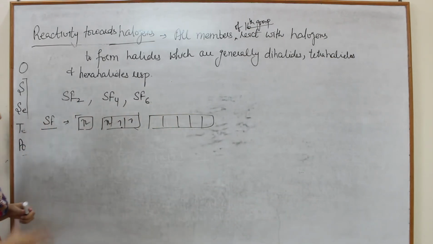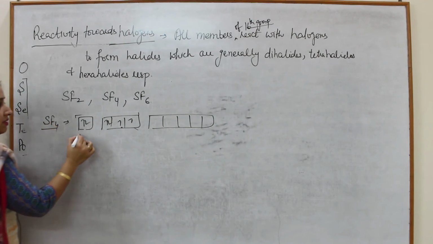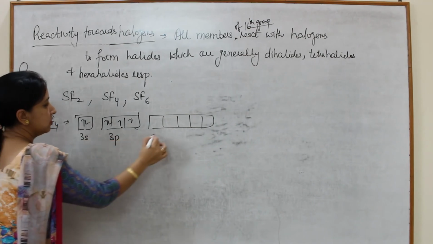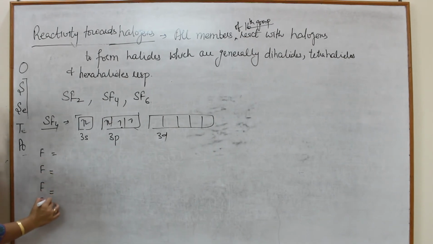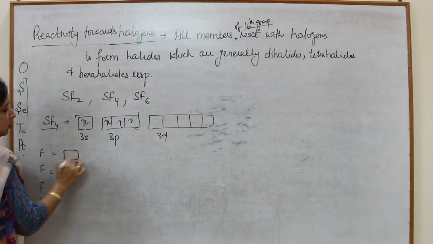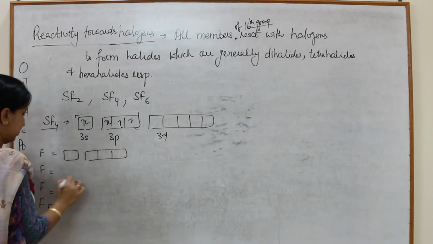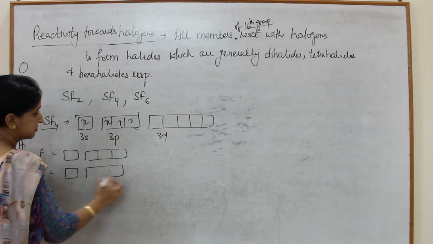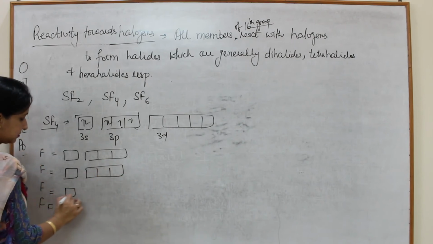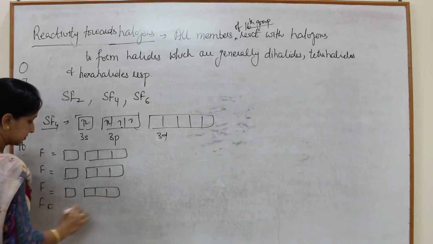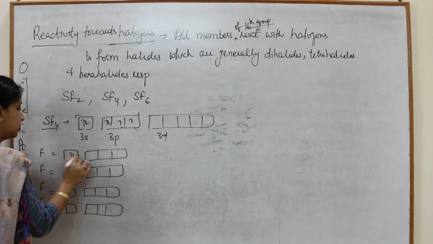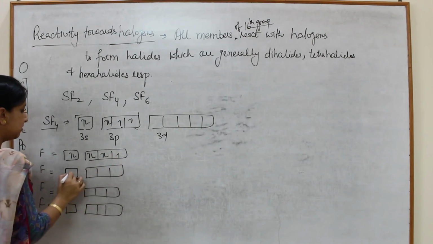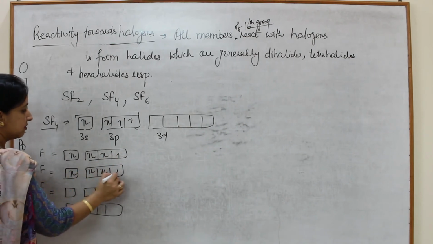Next is your formation of tetrahalides. Formation of tetrafluorides. Again sulfur 3s2 3p4 3d, but now we have 4 fluorines, all of them 2s2 2p5.